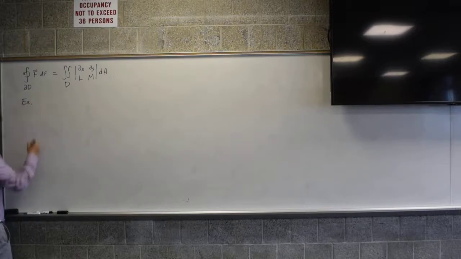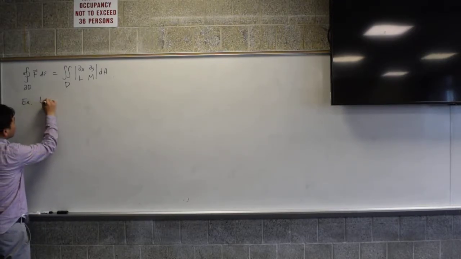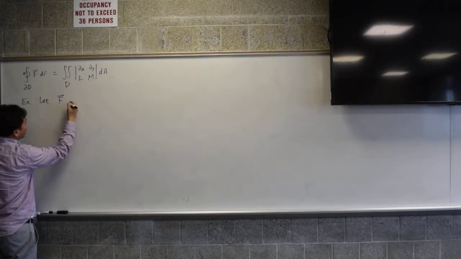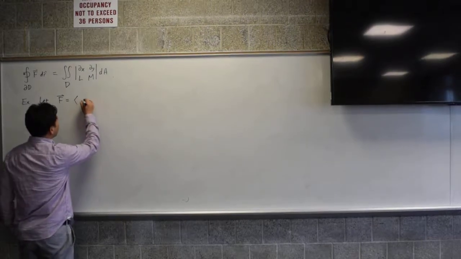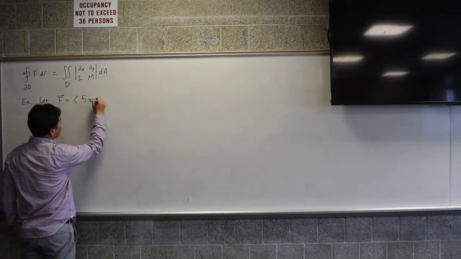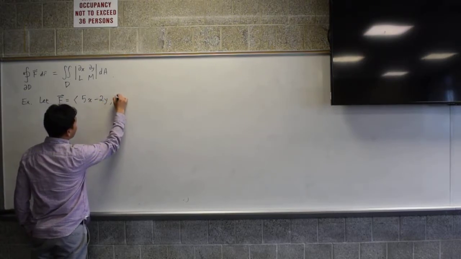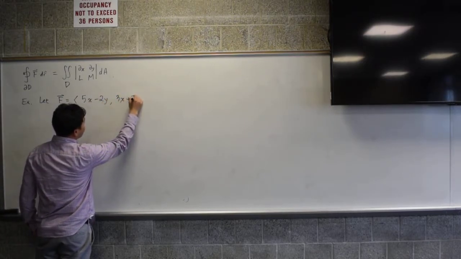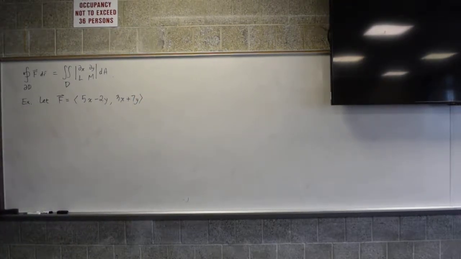Let me show you this example. Let F be a vector field, which is 5x minus 2y, 3x plus 7y, something like this.